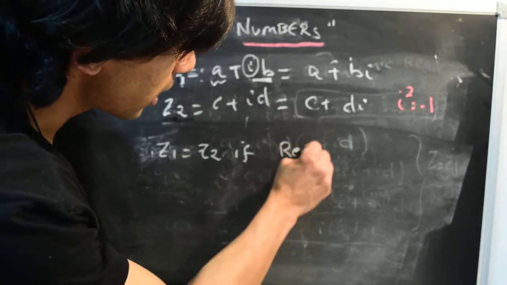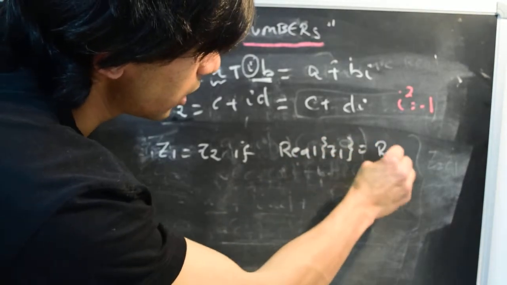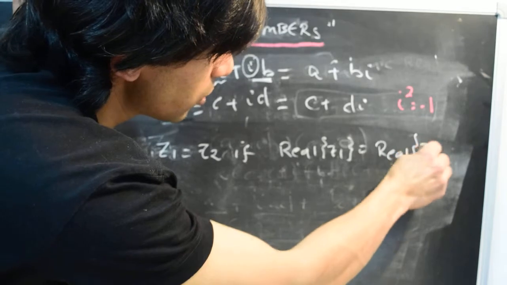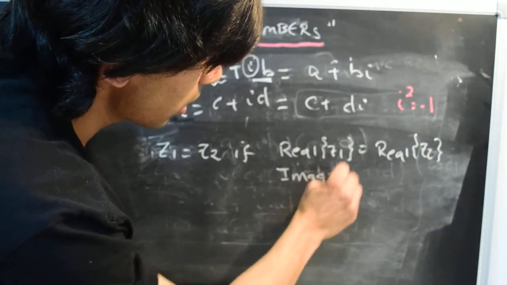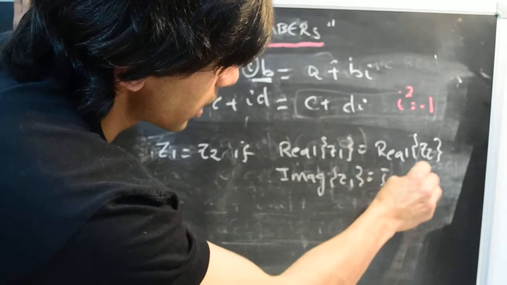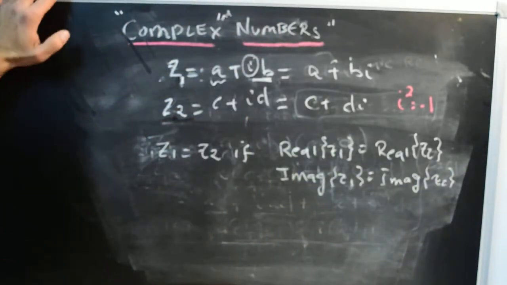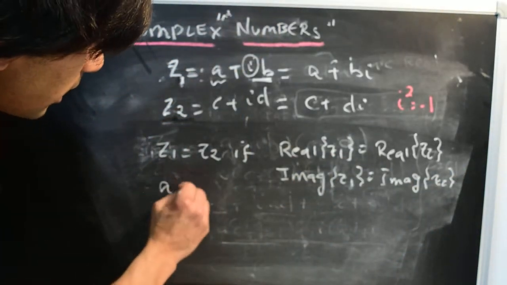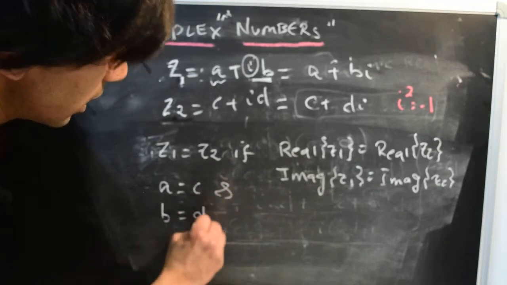So if the real part of z1 is equal to the real part of z2, and the imaginary part of z1 is equal to the imaginary part of z2. So in this case, these two complex numbers are equal if a equals c and b equals d.